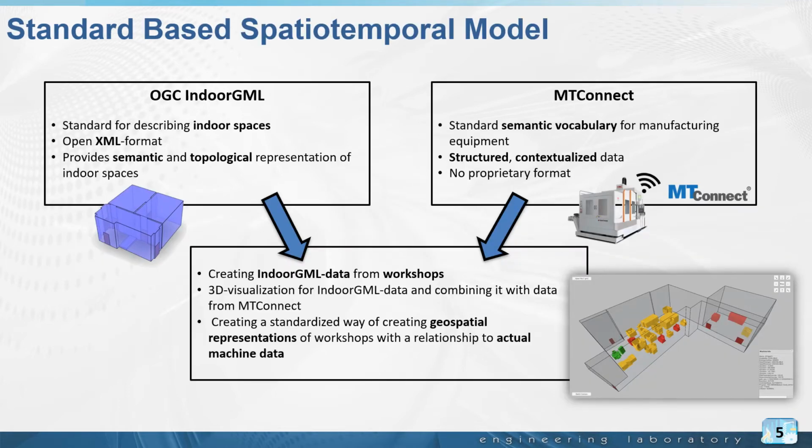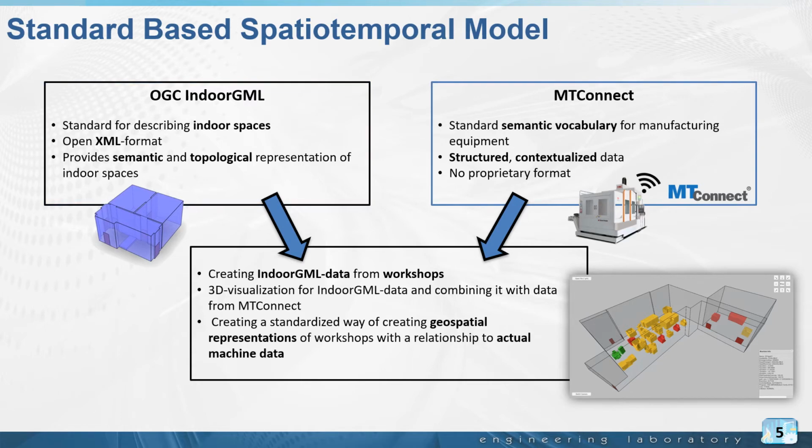In this paper, we demonstrate the merger between two standards to create a model for spatial and temporal perspectives of a production system. For the spatial perspective, we leverage a standard developed by the Open Geospatial Consortium called IndoorGML. IndoorGML is an open data model encoded in XML format, focused on the semantic and topological modeling of indoor spaces.